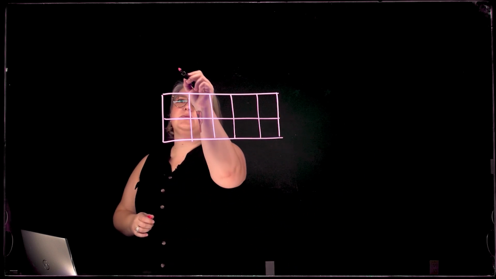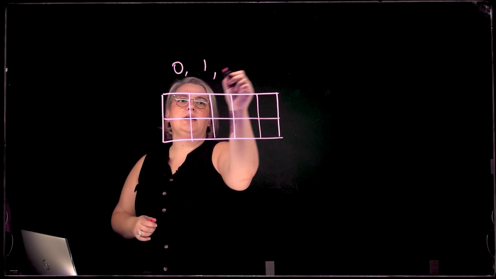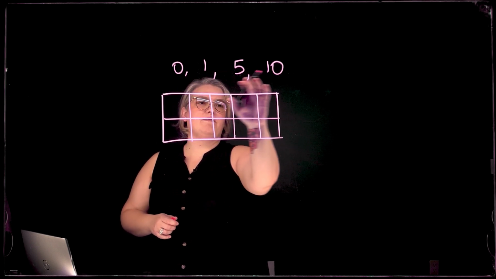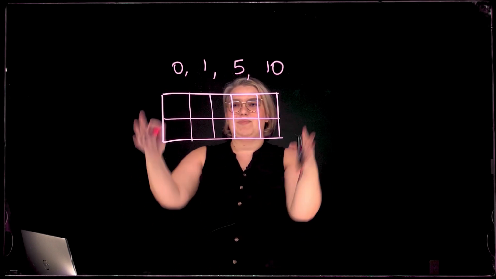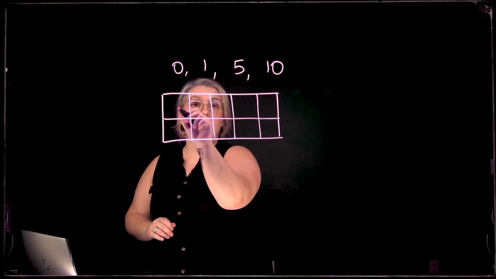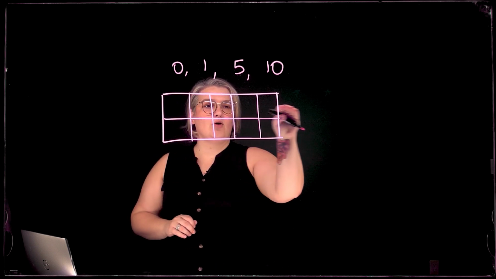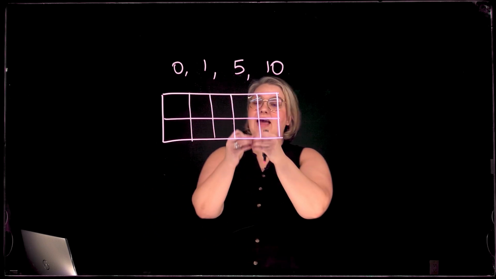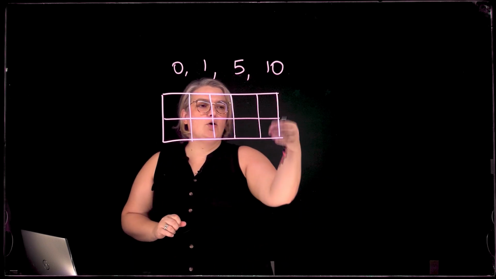When we're looking at 10, we're thinking about the benchmark numbers 0, 1, 5, and 10. Understanding 0, 1, 5, and 10 is really important because if you take a look at the context here, we've got 0 here. I need to know what 1 looks like by itself. I need to know what 5 looks like so I can use that as my benchmark, as my anchoring point to think about where to go from there.